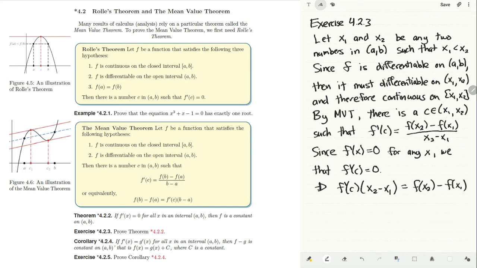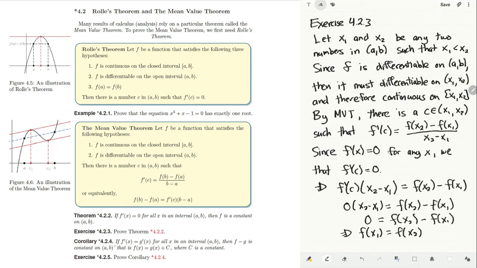So we multiply both sides of the equation by x2 minus x1, and we know that f prime of c is equal to 0. So that tells us that 0 times x2 minus x1 is equal to f of x2 minus f of x1, and the left-hand side is equal to 0. So this tells us that f of x1 is equal to f of x2.